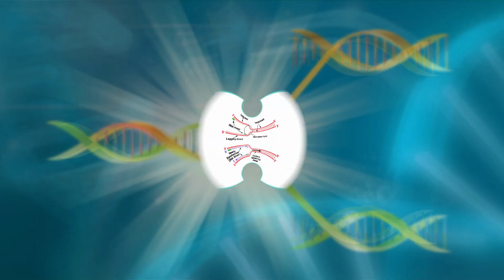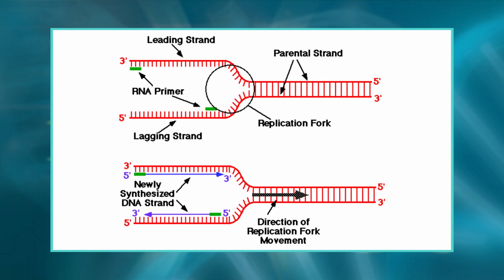The replication fork is formed during DNA strand unwinding by the helicase enzyme, which exposes the origin of replication. A short RNA primer is synthesized by primase and elongation is done by DNA polymerase. The replication fork moves in the direction of the new strand synthesis.